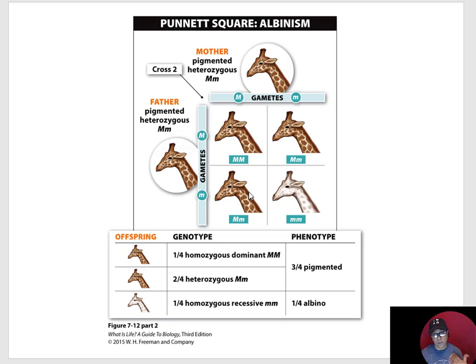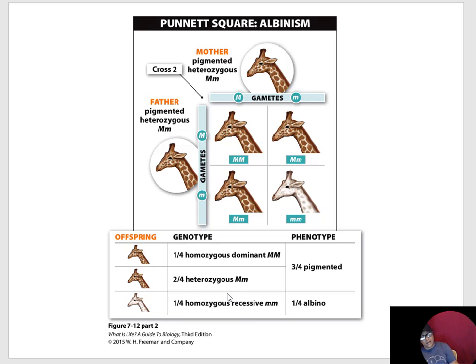So remember, when we're speaking of genotypes, we can either say it as a percentage, or we can also give the decimal equivalent of it, right? And here we have the same thing when we're looking at the genotype. 1/4 are homozygous recessive, right?